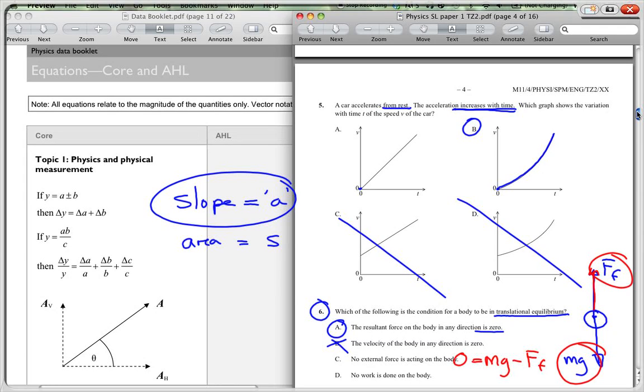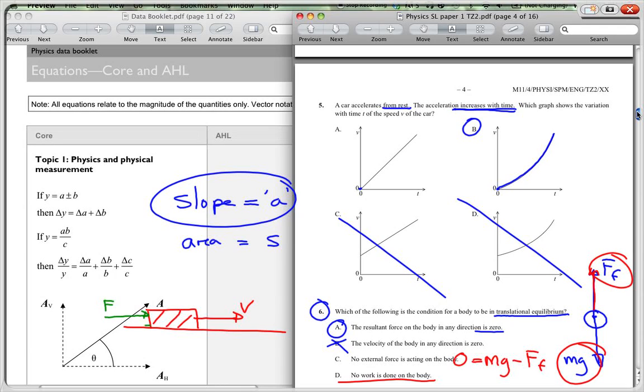And no work is done on the body. You may have a situation where you have a book on a table and it's moving with a certain velocity. Now, to keep it moving in that direction, because of friction, you have to apply a force in that direction.